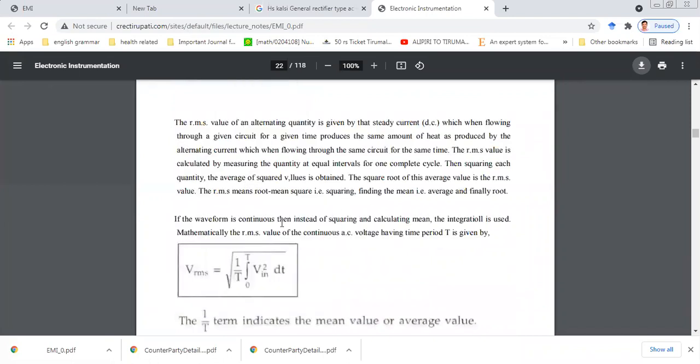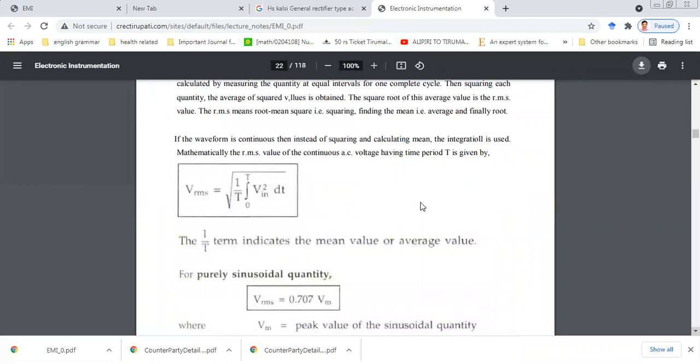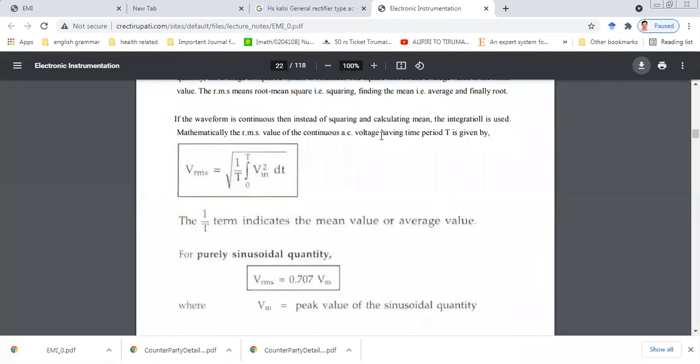Generally for AC waveforms we have the RMS voltage. Mathematically, the RMS value of a continuous AC voltage having a time period T is given as Vrms equals the square root of 1 by T times the integral from 0 to T of V in square dt. The 1 by T indicates the mean or average value.